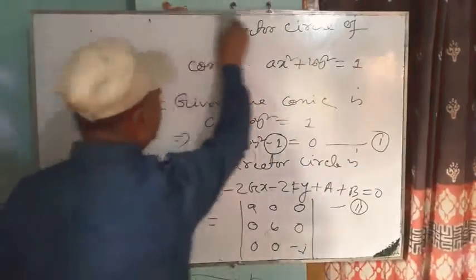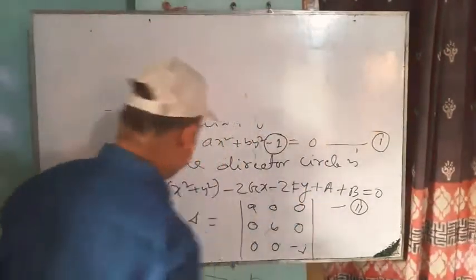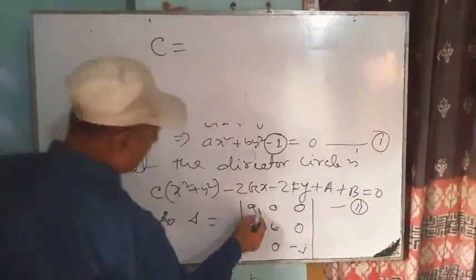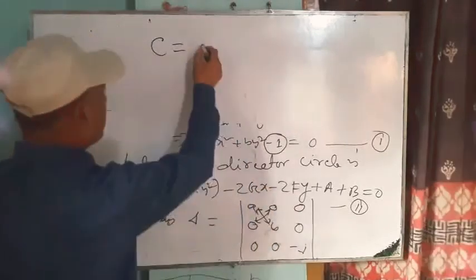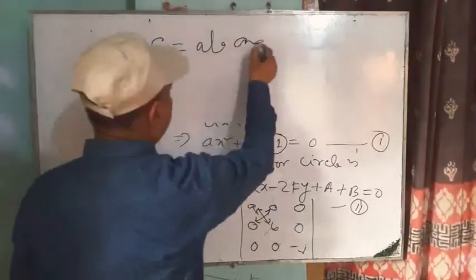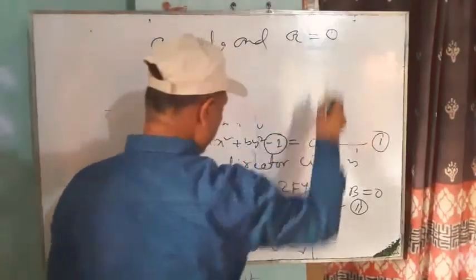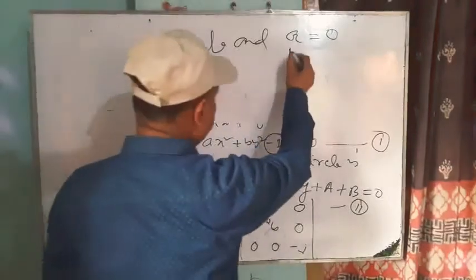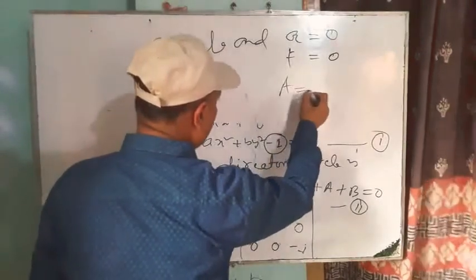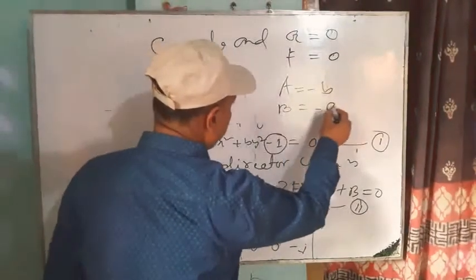Now the cofactors: capital C equal to ab, and the other cofactors G equal to 0, F equal to 0, A equal to minus b, and B equal to minus a.